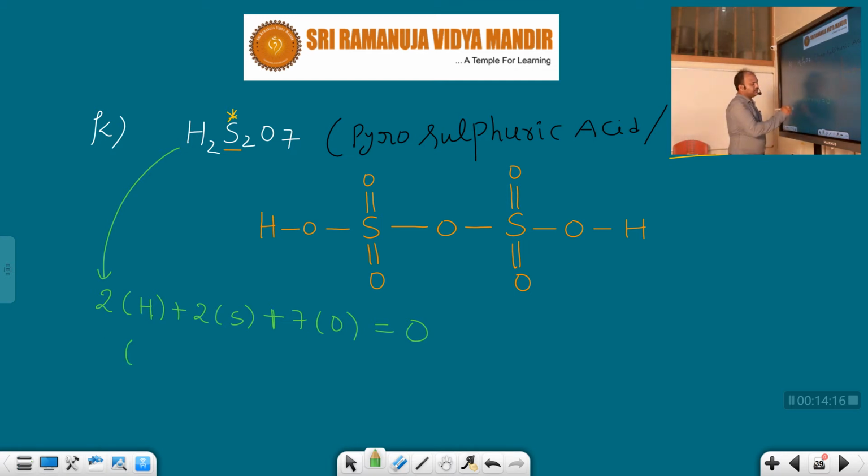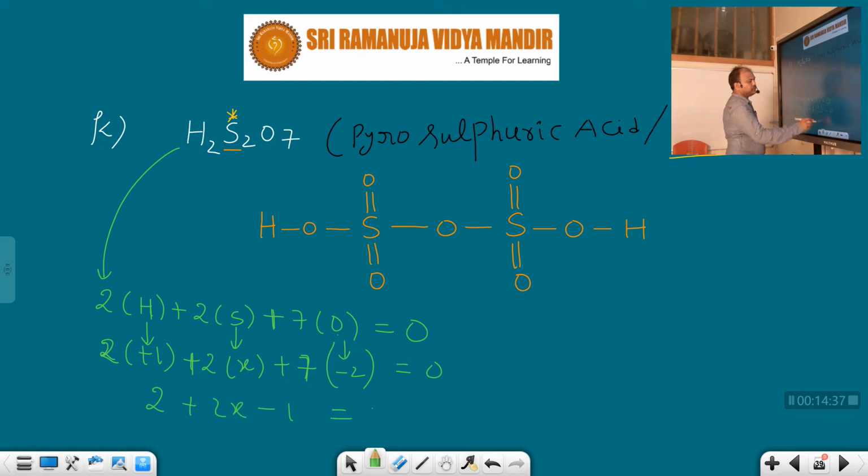Hydrogen always exhibits the oxidation number +1. Sulfur's oxidation number we don't know, say X. Oxygen always exhibits the oxidation number -2, equal to 0. So 2 ones are 2, plus 2X, minus 14 is equal to 0. 7 twos are 14, and plus or minus means minus.